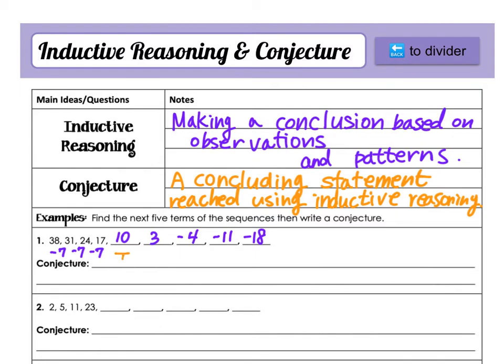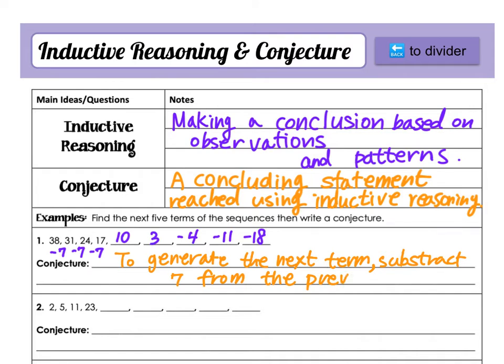So I will say: to generate the next term, subtract 7 from the previous term.